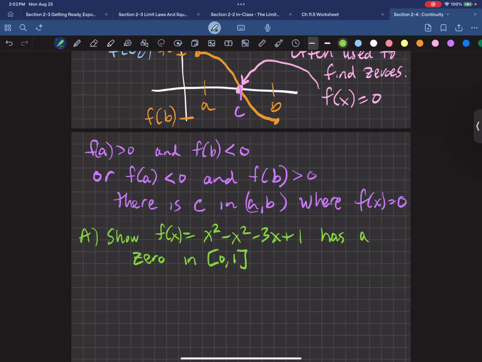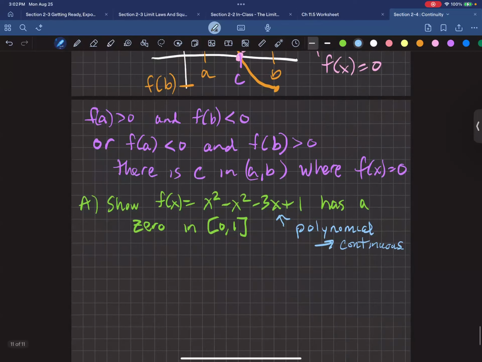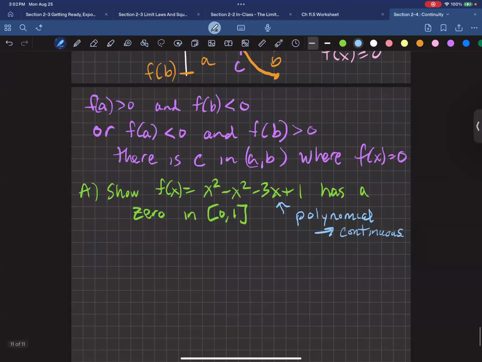Well, first off, this is a polynomial, so it is continuous. That's required. And then the way we do it is this is A, this is B. Let's find out what f of A is and f of B.